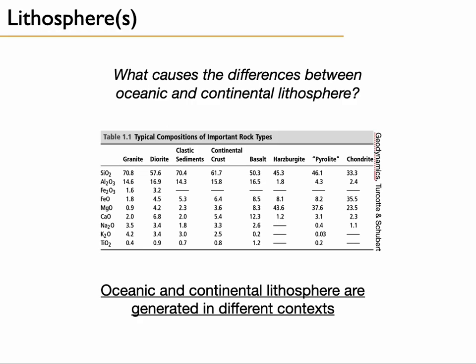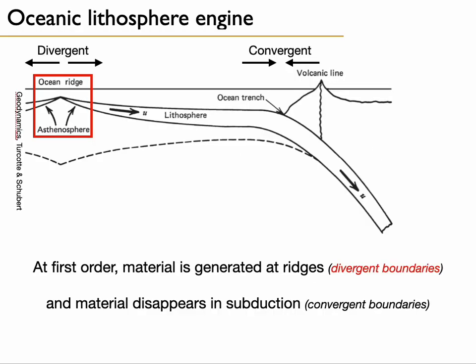In fact, they are generated in different tectonopetrological contexts. Let's have a look at this sketchy section through a tectonic system. You see on one side a divergent margin with an ocean ridge. Asthenosphere is rising and plates are diverging. Then towards the right, you see a subduction zone.